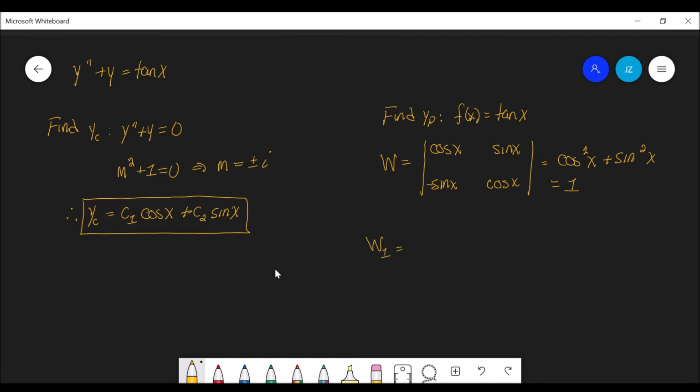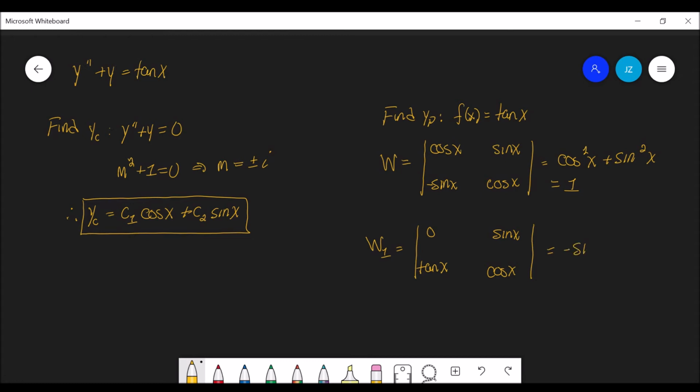W1 is the determinant. We replace column 1 here with 0, f of x, and then column 2 remains unchanged.